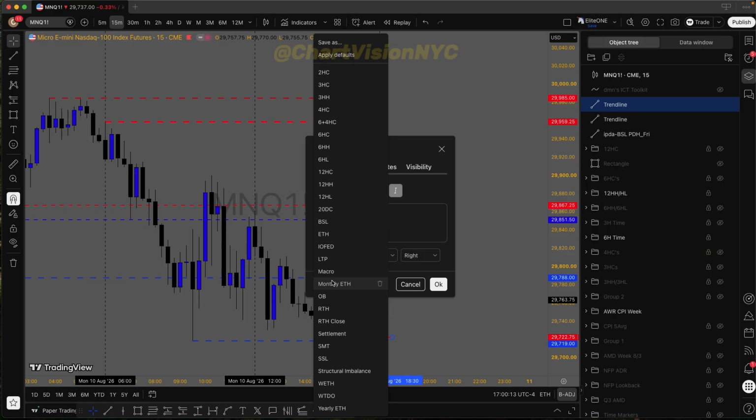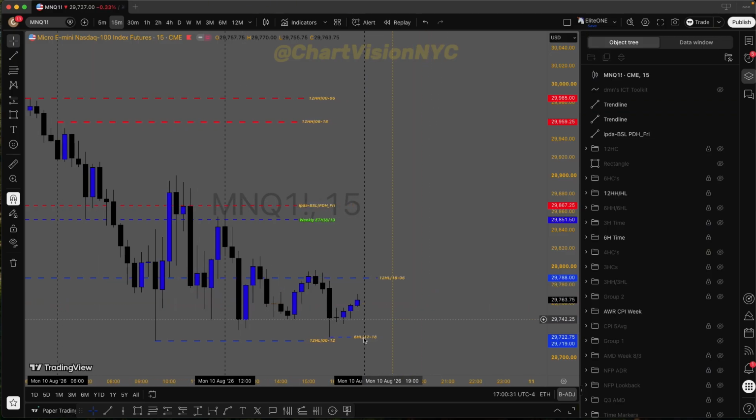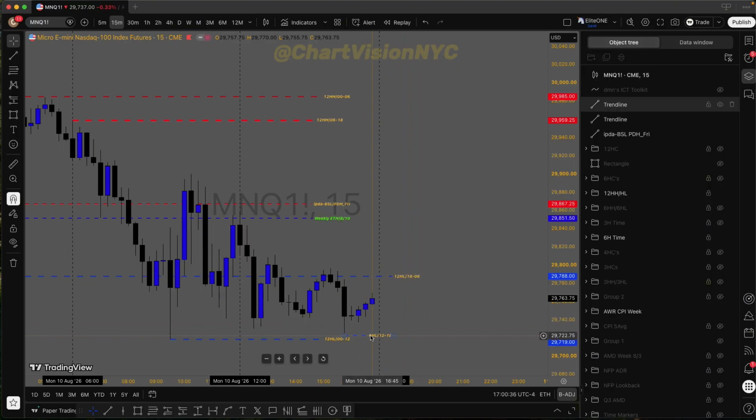It's a 6-hour low, and it's from 12 to 18, okay? So we got the new 6-hour sell side in there.